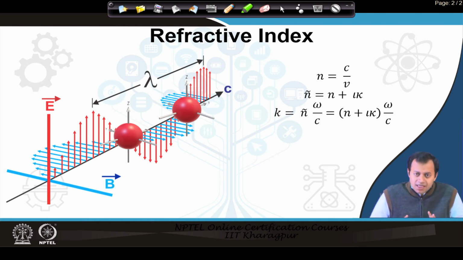So, assuming these are susceptible materials, i.e., these atoms are actually affected by the light. We have to assume that. If there is no interaction, there is no effect, then none of this makes sense. So, light has entered into a matter, and the atoms, which contain the nucleus and the electrons, get agitated by the electric field of the electromagnetic wave. This will only happen at certain specific frequencies.